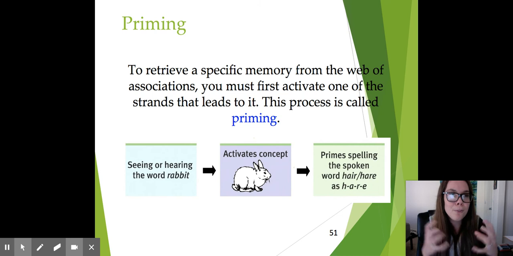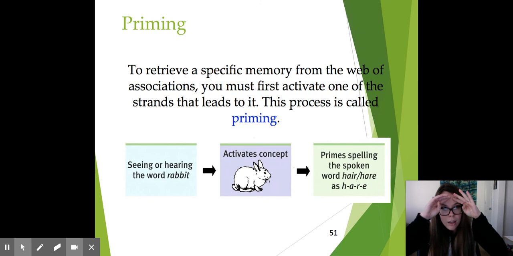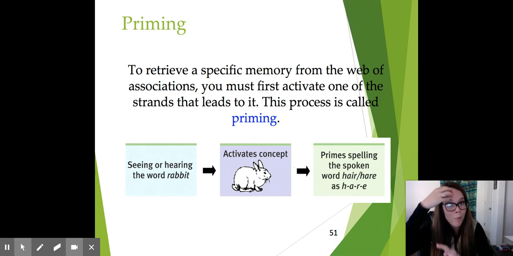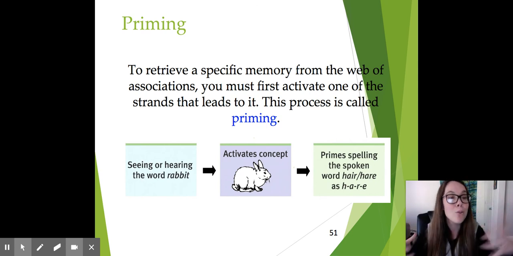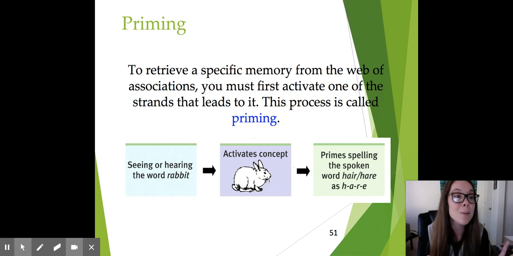But you have to first be primed. As you read the multiple choice, you're getting primed to what you're supposed to be looking for in your knowledge. So if it says operant conditioning, you're like, okay, it's not Pavlov, right? There's my priming, the thing that's going to help me remember. Then it activates your concept web in your brain, and it will help you remember the information attached to it. It's like a big web in our brain, very similar to the death web in our fear conditioning. Very same concept, okay?